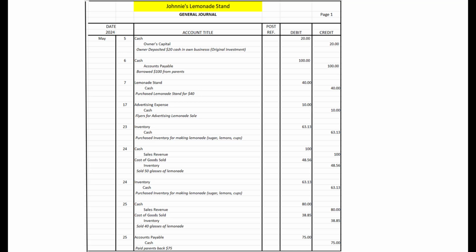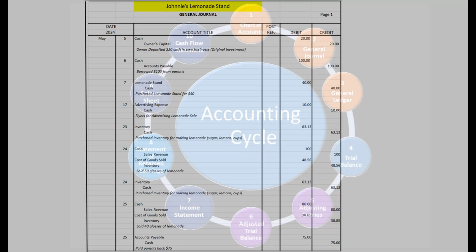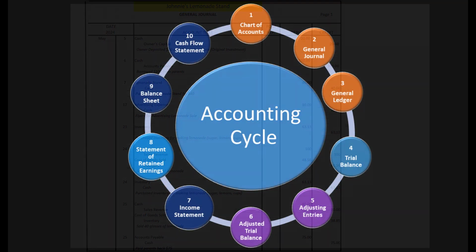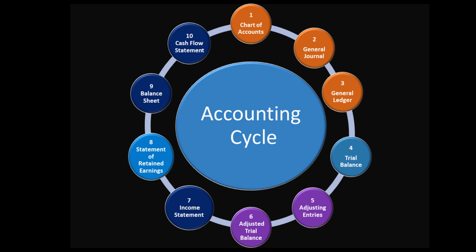The general journal is just one of the financial statements in the accounting cycle. The typical order of the accounting cycle is: create a chart of accounts, followed by the general journal, the general ledger, the trial balance, adjusting entries, adjusted trial balance, the income statement, the statement of retained earnings, the balance sheet, and then the statement of cash flows.